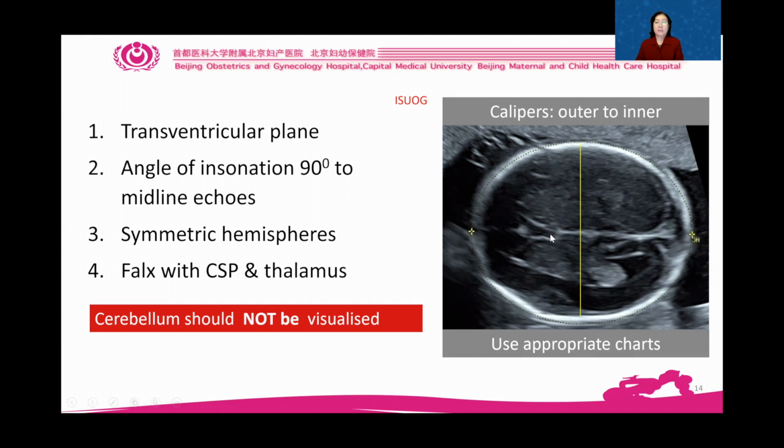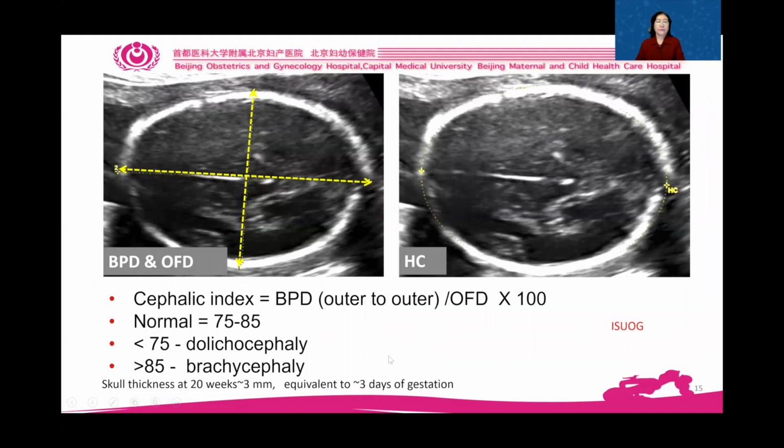Falx with CSP and thalamus. Cerebellum should not be visualized. Look at the left picture, it's BPD, OFD, and the right picture is for HC.